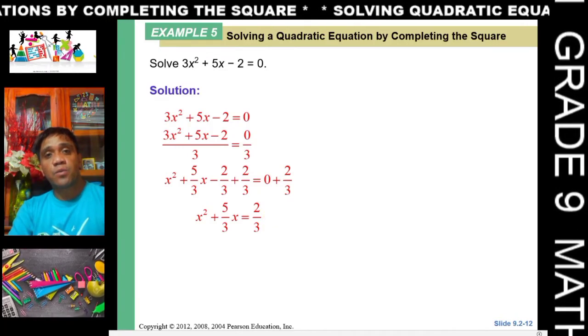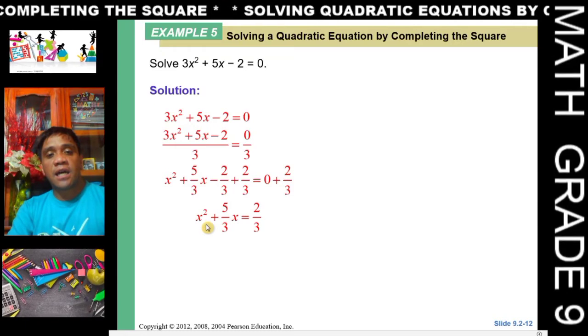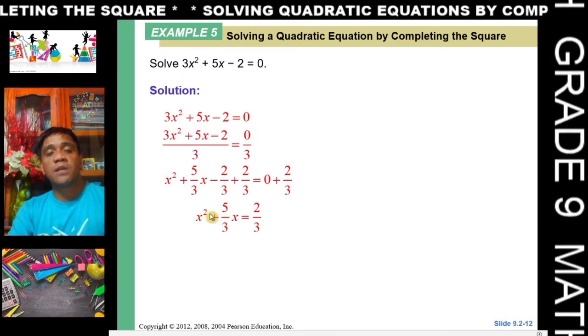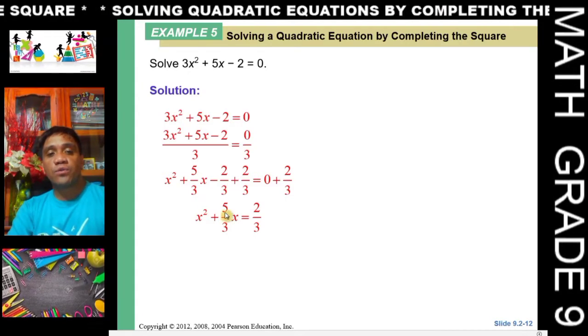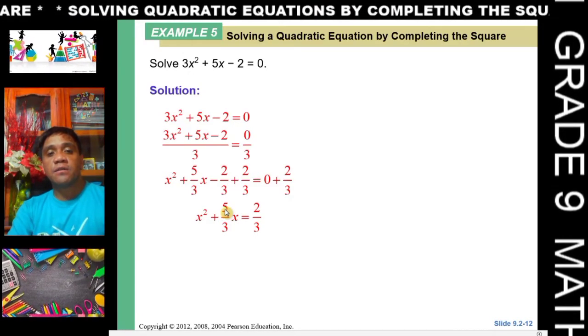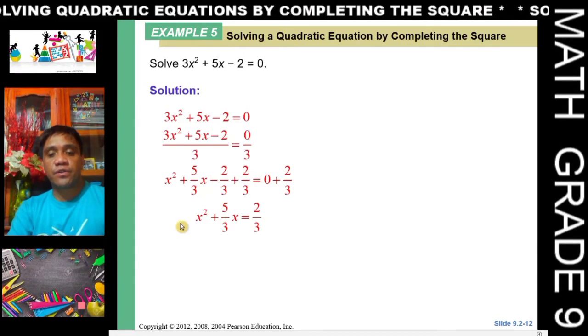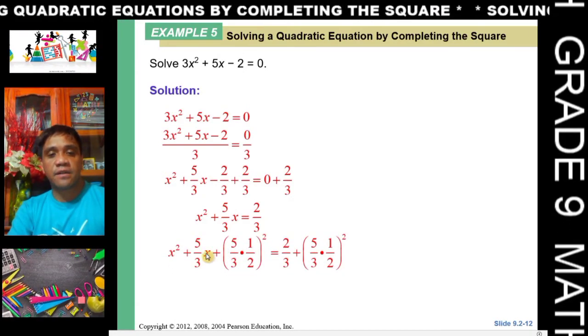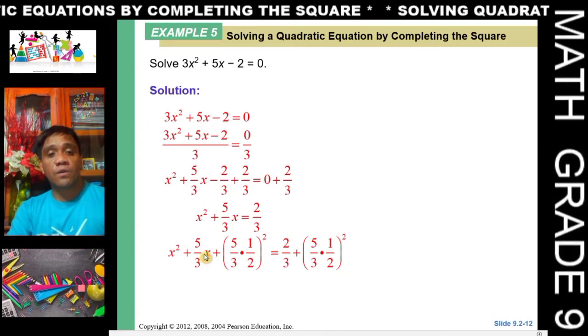Next step is we have to make the left side of the equation a perfect square trinomial. How? We take half of the 5/3, then square the result.